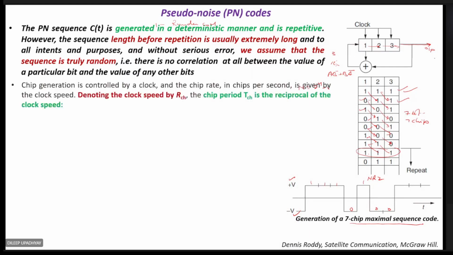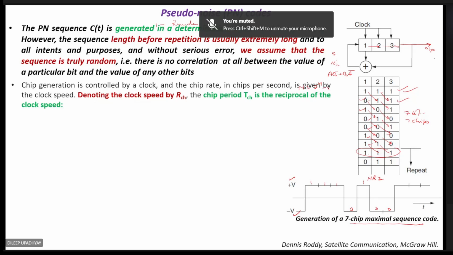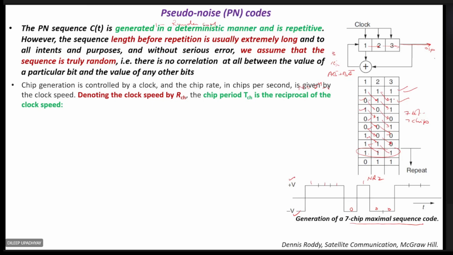And if you talk about the various properties of the pseudonoise, in fact, some properties I have already discussed last time. But going through the same properties, if you see, the number of ones here are 1, 2, 3, 4, whereas the number of zeros are 3. So whatever circuit you use, you will be getting one more of either 1 or 0.